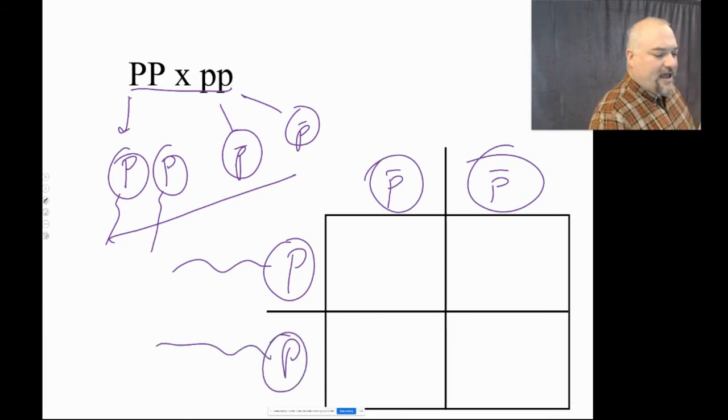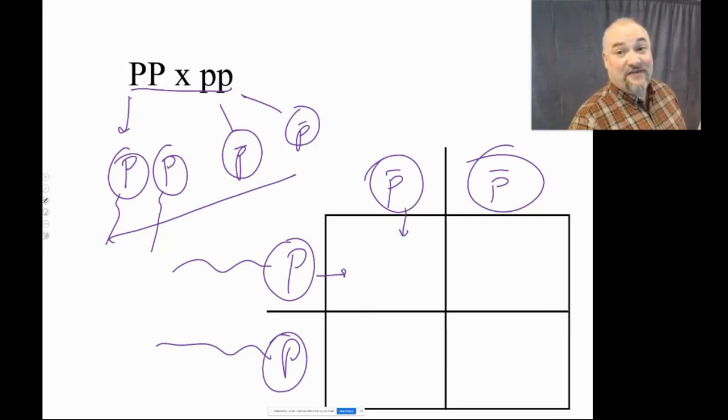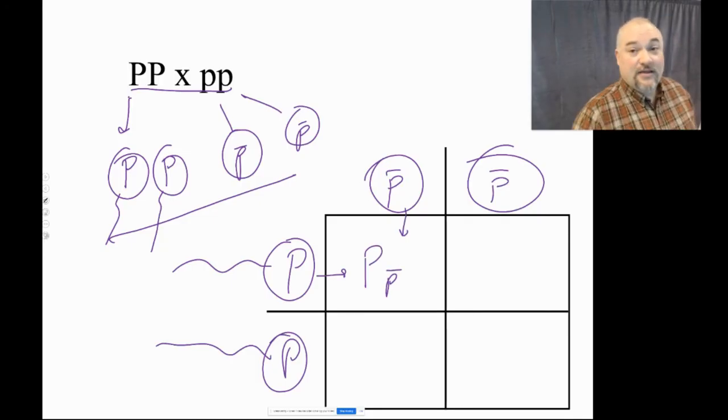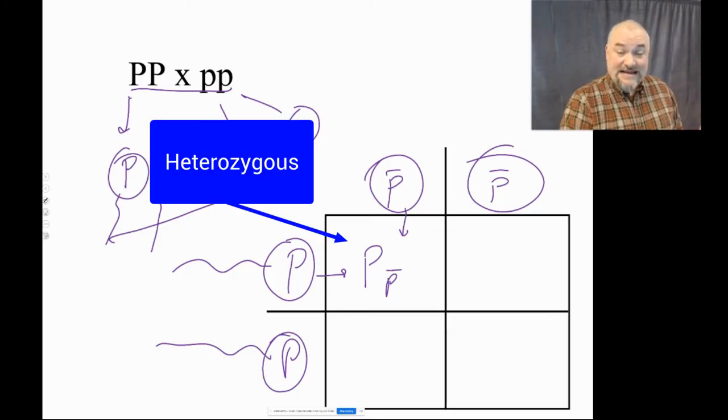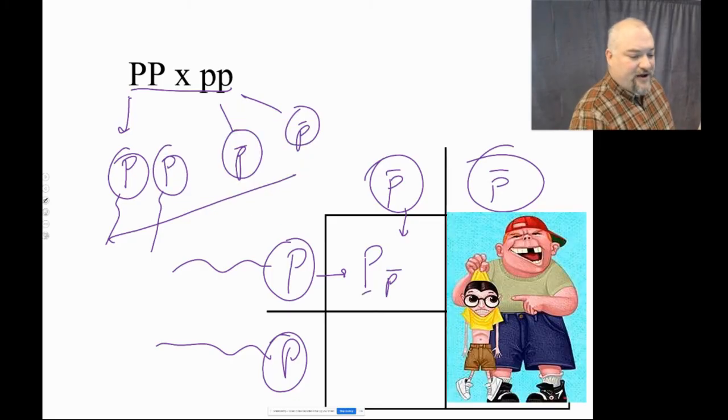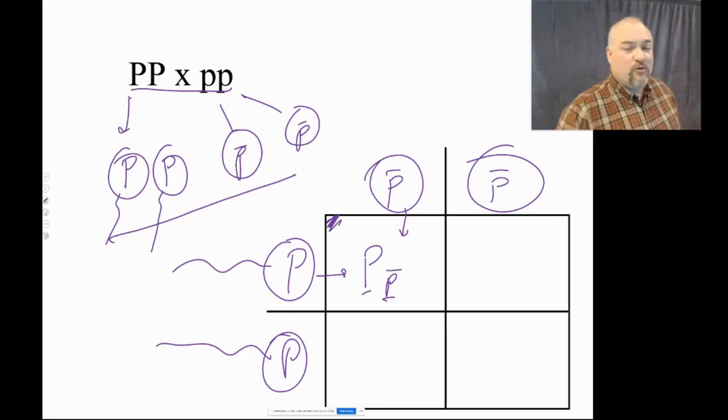And if that sperm happens to fertilize this egg, if that's the chance of occurrence, we're going to get a big P, little p. So this is heterozygous, right? Different. And in this case, we got a 5th grader and a kindergartner. Who wins? The 5th grader. This is purple. We're making the purple pigment, so we're purple. And if you take a look, all the other ones are going to be the same.